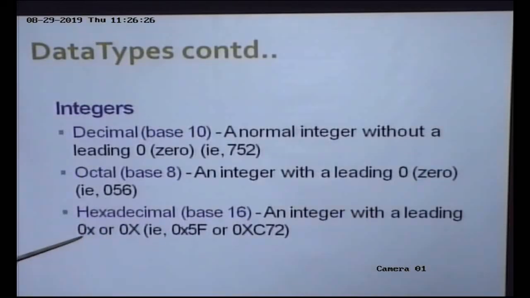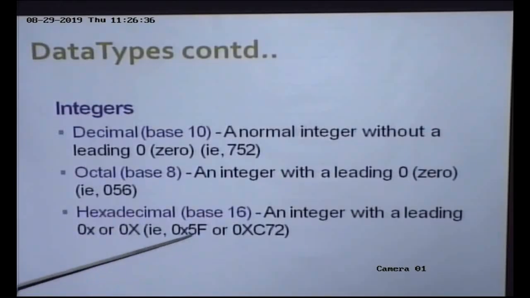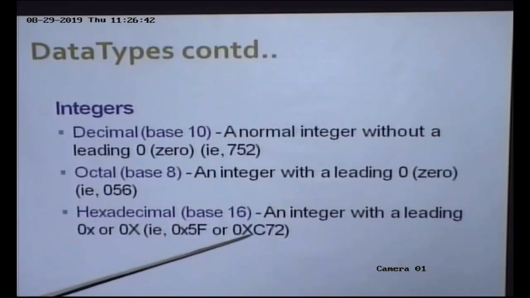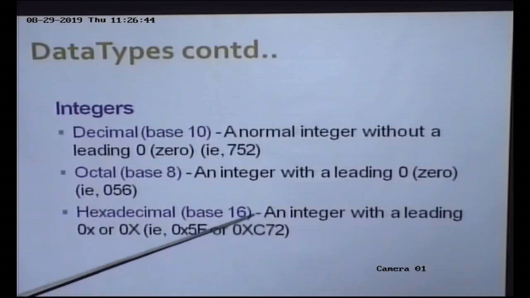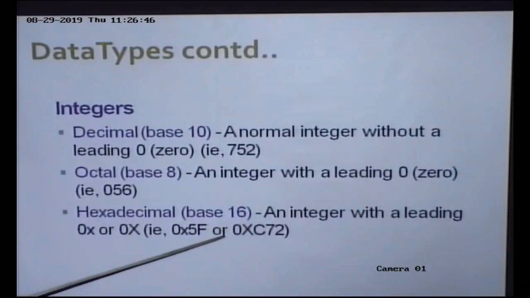If it has 0 as well as a small x, or 0 as well as a capital X, then that kind of representation is known as a hexadecimal integer. For example, 0x5f is a hexadecimal integer value, and 0XC72 again comes under hexadecimal integer values. So these kinds of number types have been defined in JavaScript.